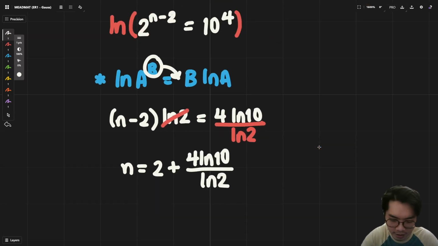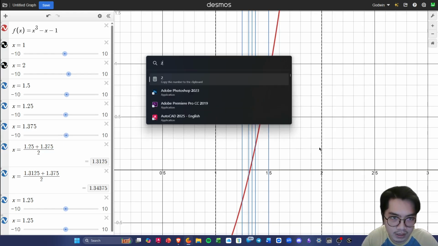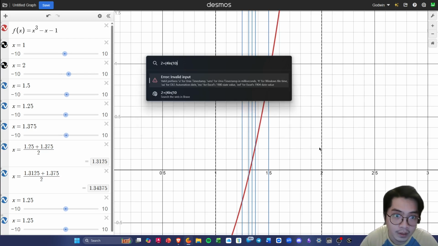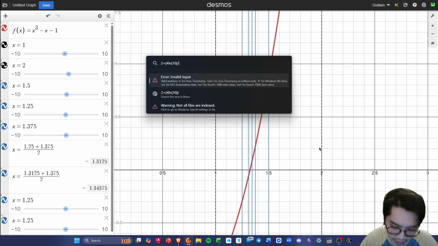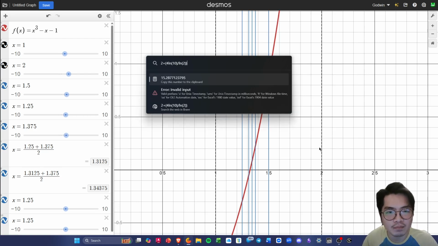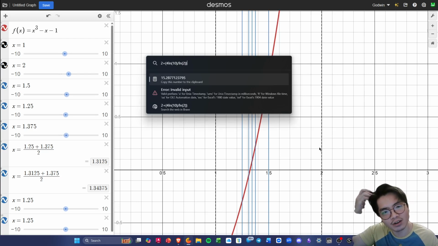Let's put that in our calculator: 2 plus 4 ln 10 divided by ln 2. That is now 15.2877, so 16.